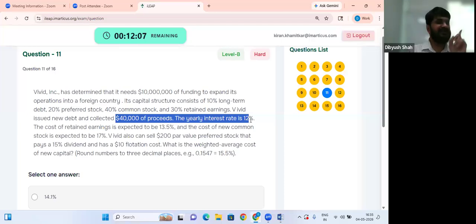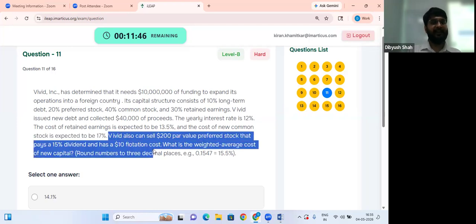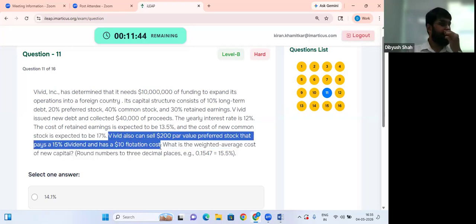Pre-tax. Always remember, you have to multiply it with the tax rate. Cost of retained earnings is directly given, 13 point, and cost of new common stock is directly given. They have also told Vivid can also sell 200 par value preferred stock that pays a dividend of 15% and has a $10 flotation cost.